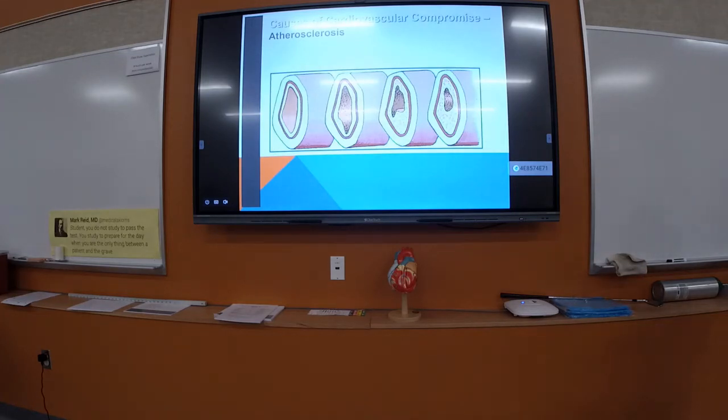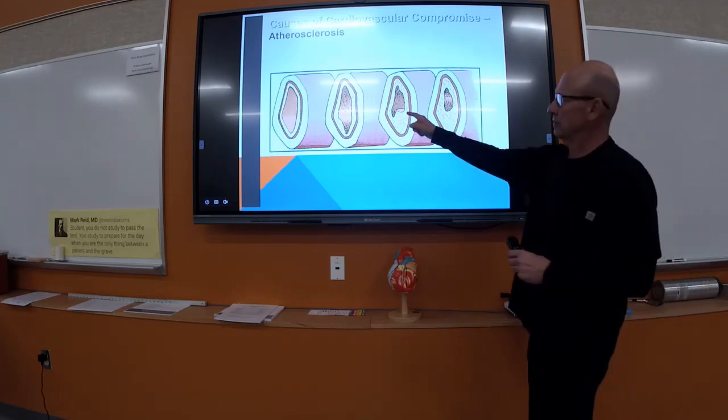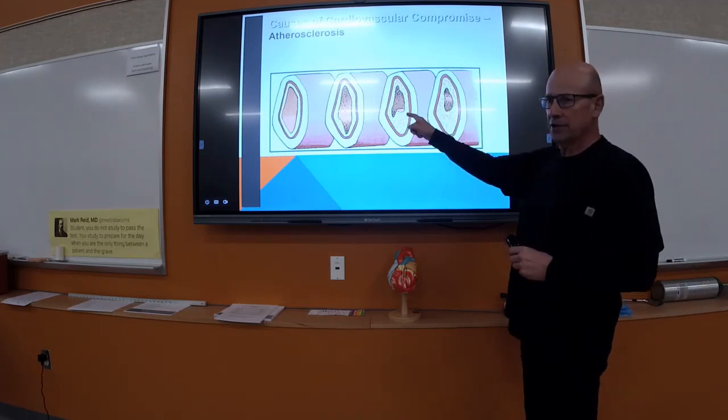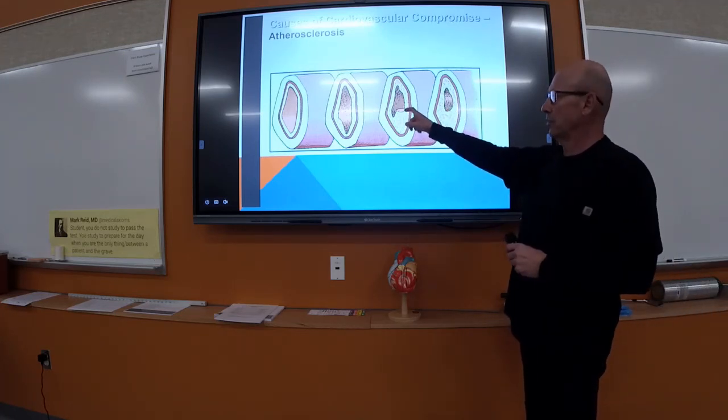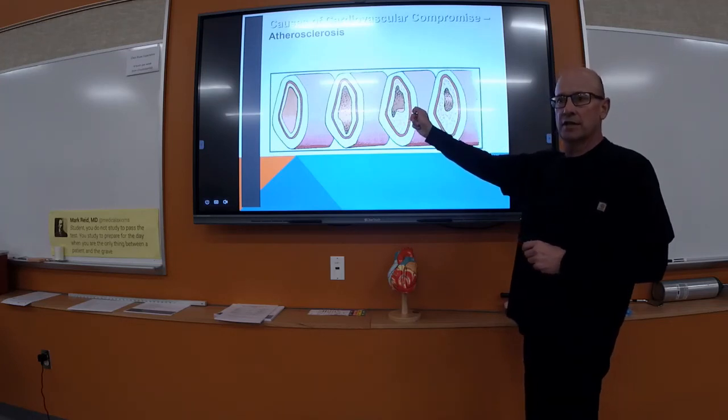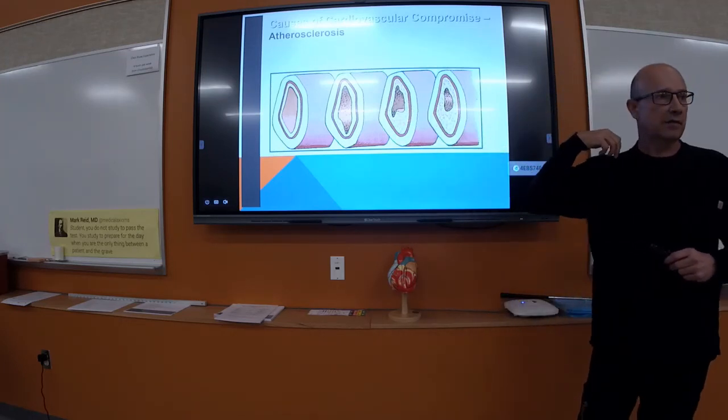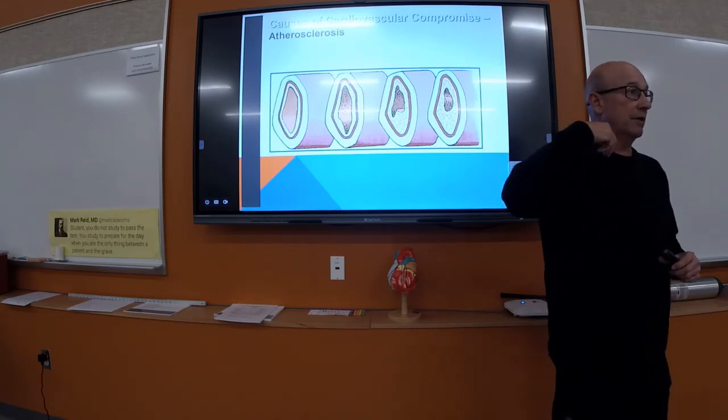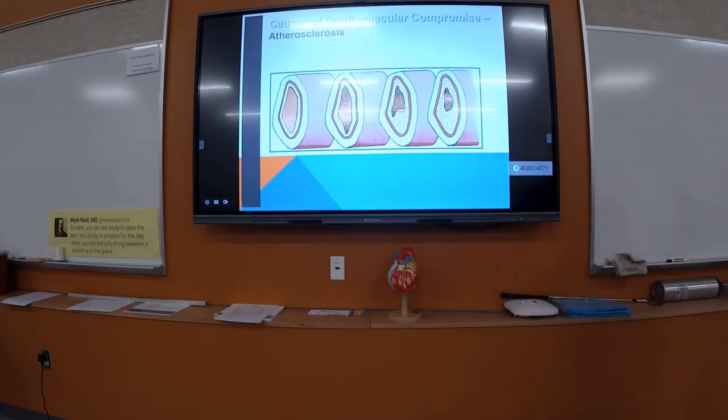And also, as it narrows, it builds up pressure, which could break part of that plaque off and cause a clot, okay? Like in a coronary artery, where a patient would have a potential heart attack, right?